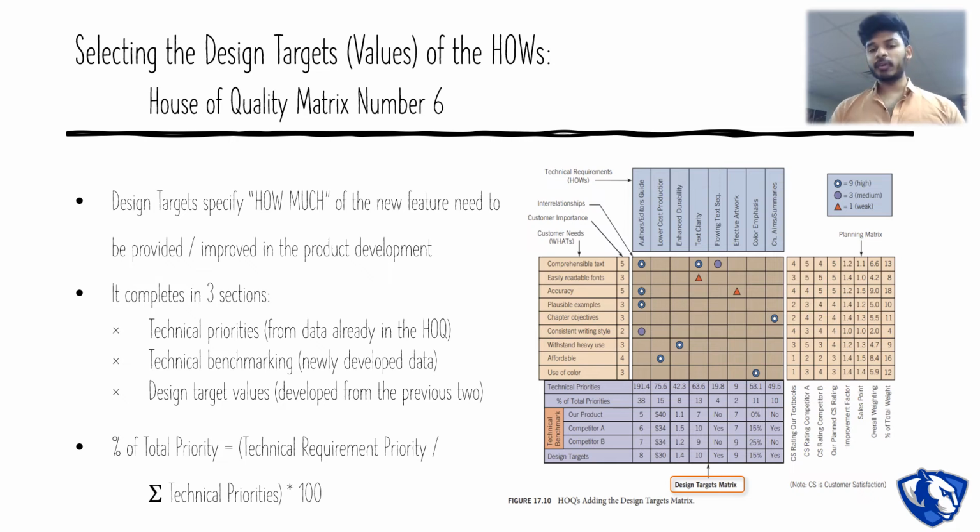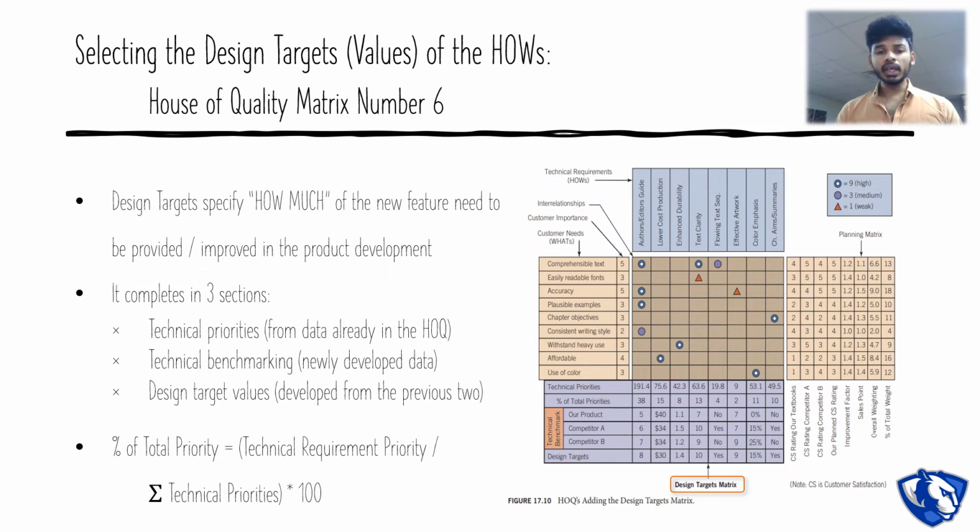What is meant by technical priorities? In order to develop any product, you have to list out all the technical requirements. You have to prioritize them, and assign the particular quantity of that product attribute to each and every team, and the time.